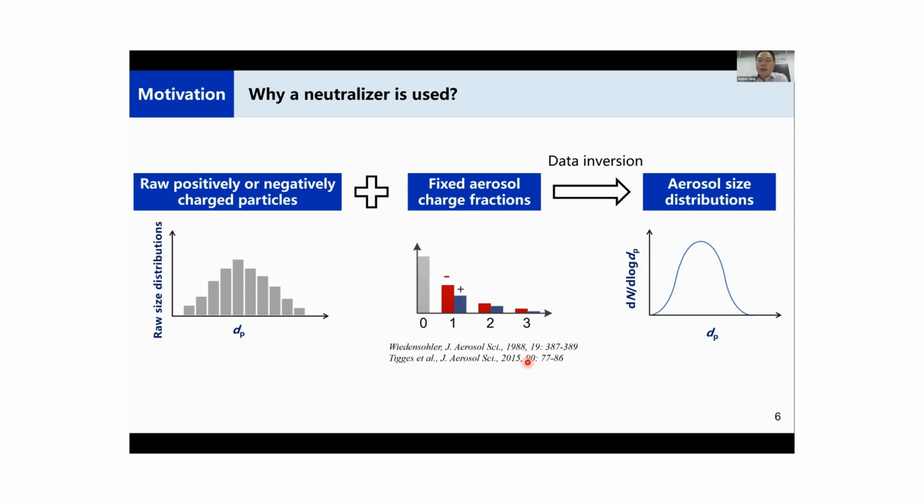To be noticed, both of these sets of distributions are empirical fittings to charge fractions predicted by Fuchs theory at given ion property information. The key thing to mention here is that these charge fractions are fixed values.